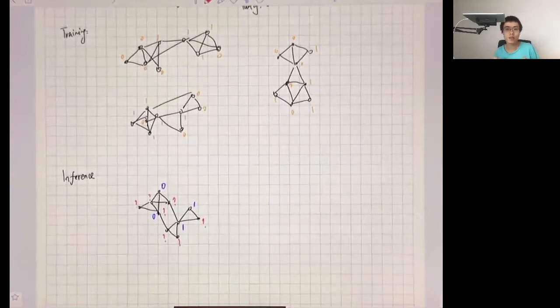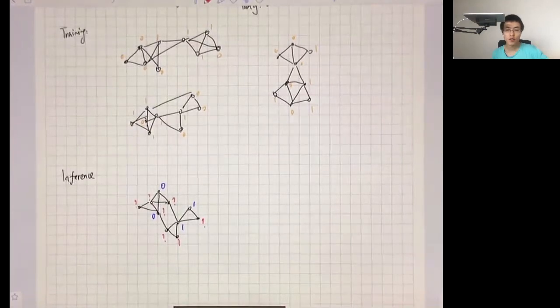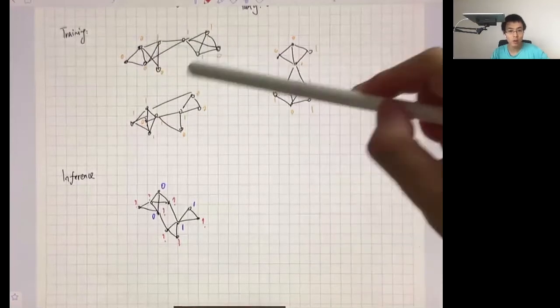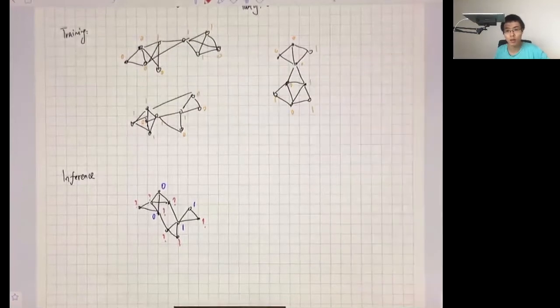It's a little bit biased towards 1. These are the intuitions, and they can actually be learned from the training data. You can count how many people are 1 or how many people are 0. You know the bias, and you know the affinity between two connected people.